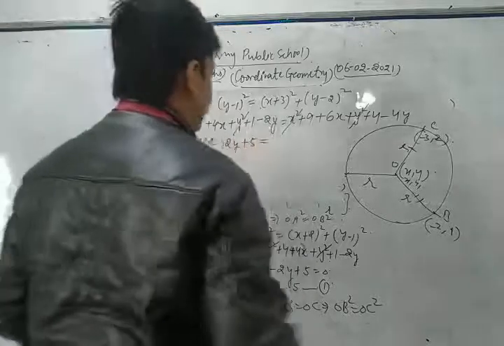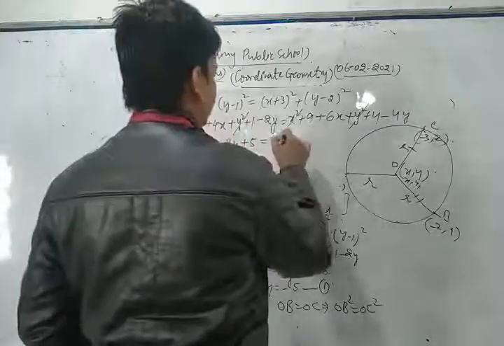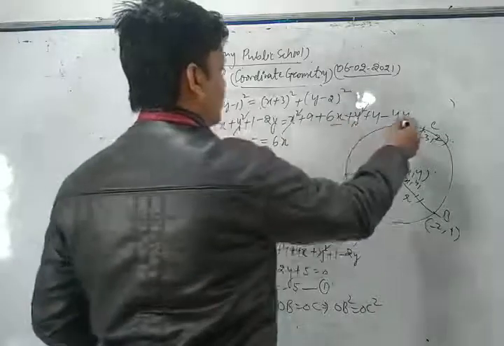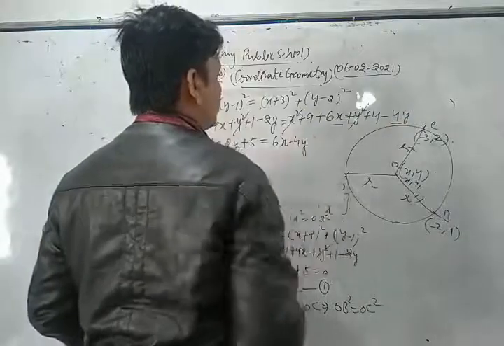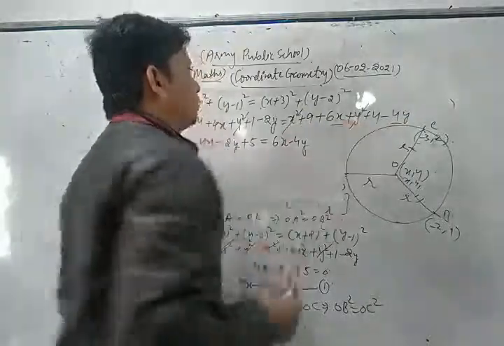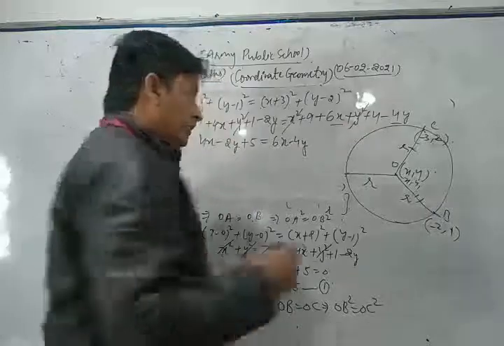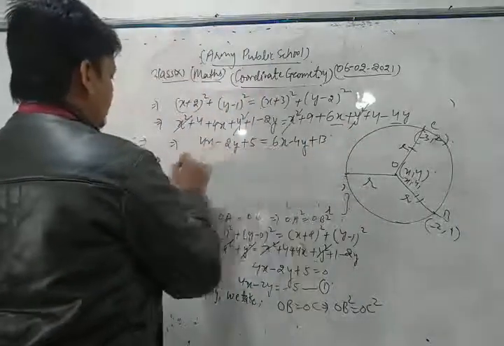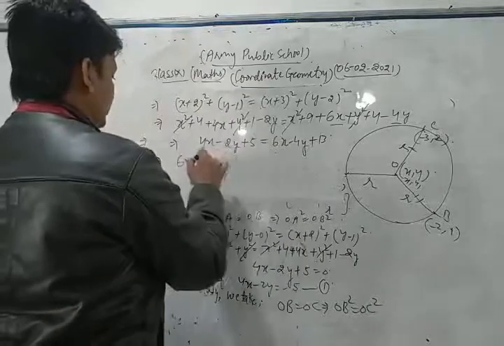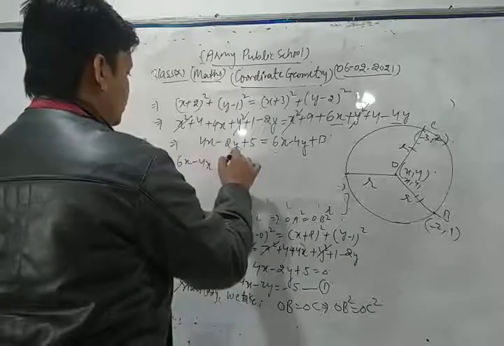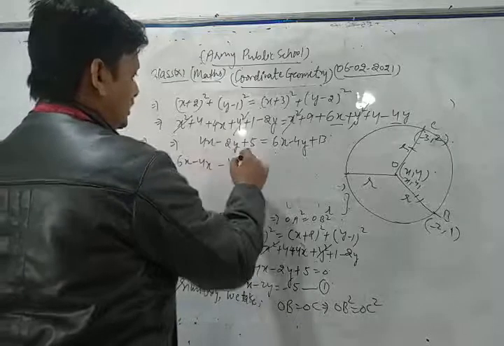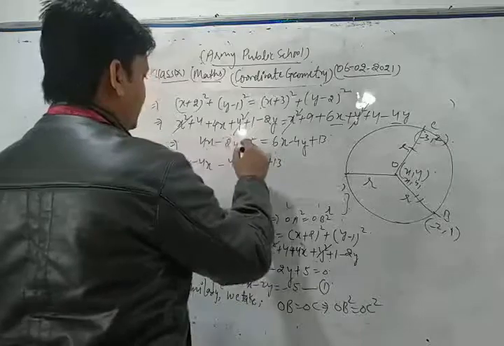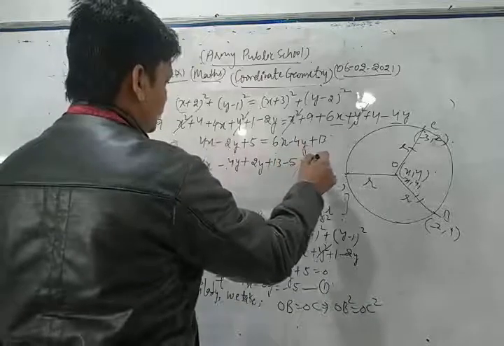On the other side we get 6x minus 4y, and plus 9 plus 4, that is plus 13. Now 4x transfers to that side, so minus 4x. Minus 4y is there. Minus 2y transfers, so plus 2y, and plus 13 is there. Plus 5 transfers, so minus 5 is equal to 0.